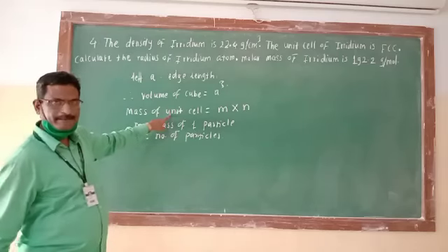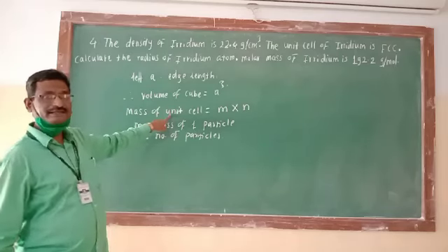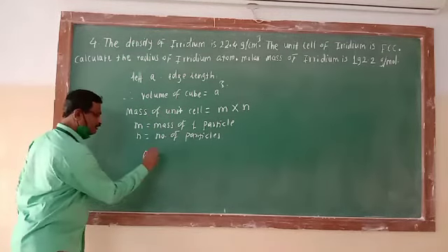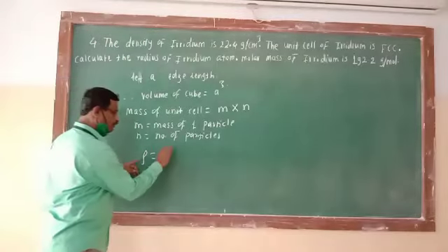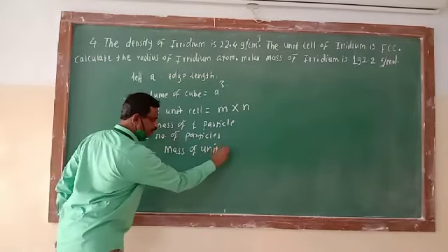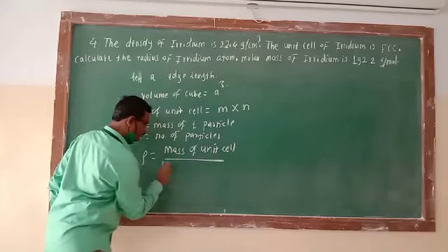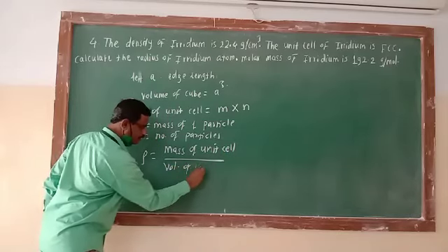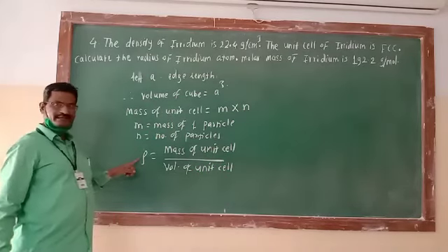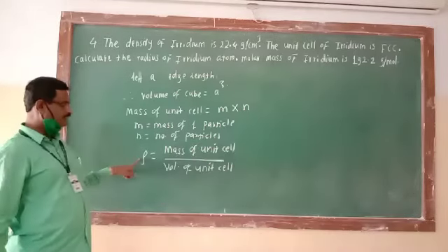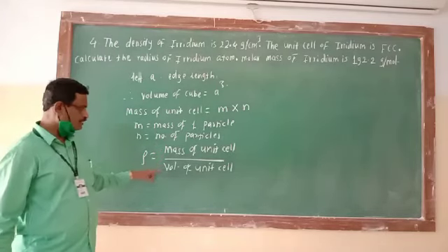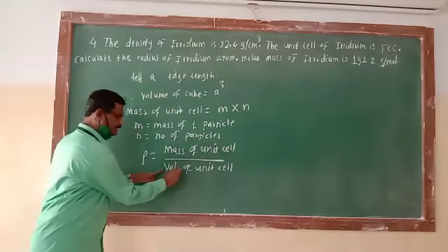Now we know the formula of density. Density will be equal to mass of unit cell divided by volume of unit cell. Density rho is equal to the ratio of mass of unit cell to the volume of unit cell.